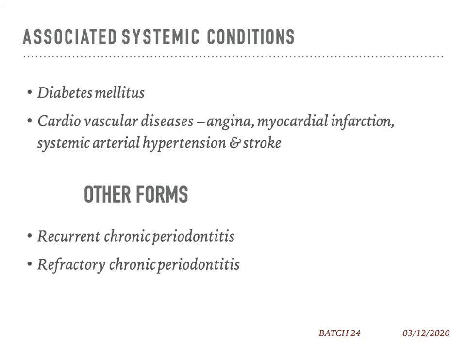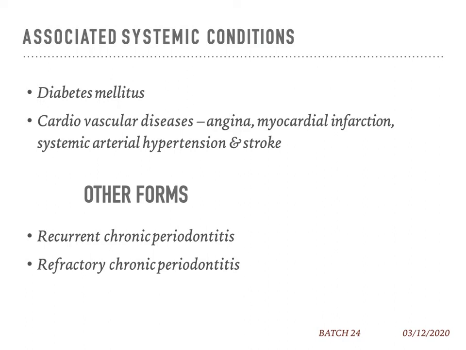Next are the systemic conditions associated with chronic periodontitis. I already told you diabetes mellitus increases the risk of periodontitis, both in severity and intensity of the disease. Another associated systemic condition may be cardiovascular diseases.